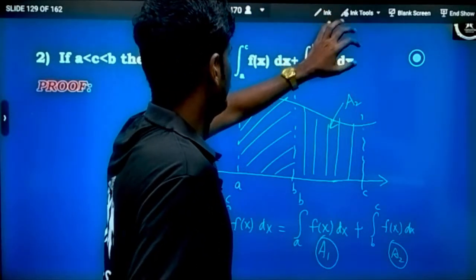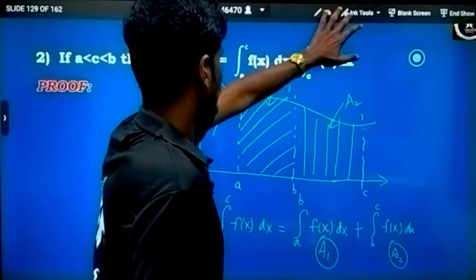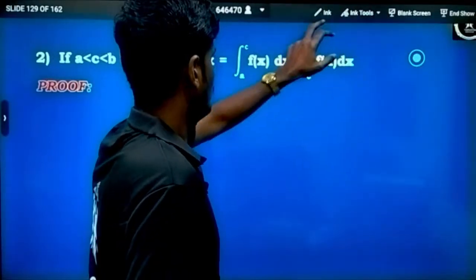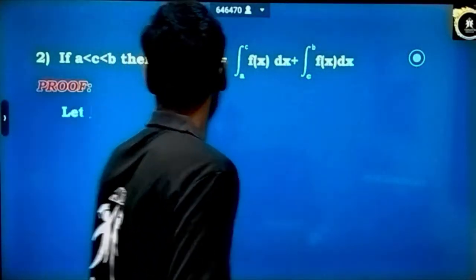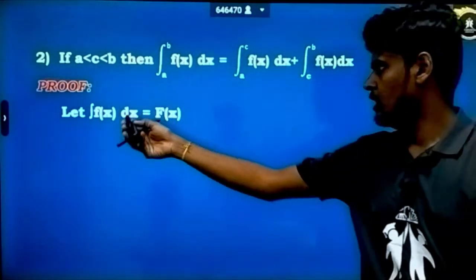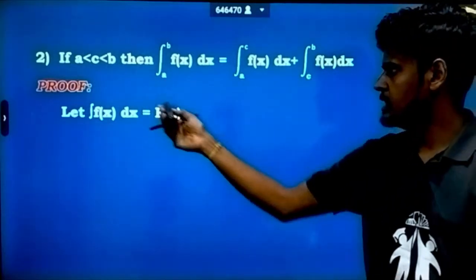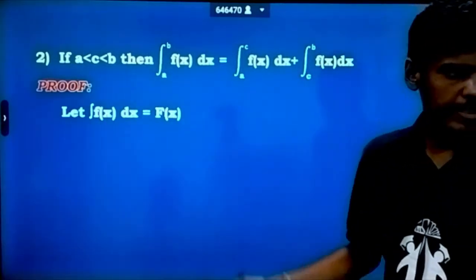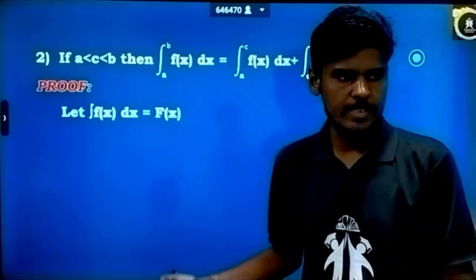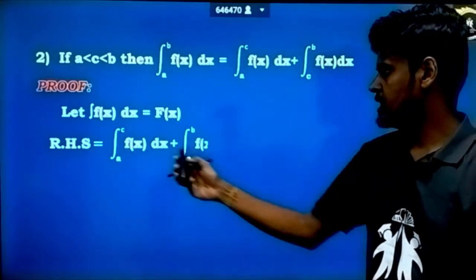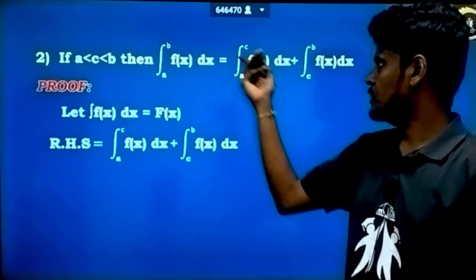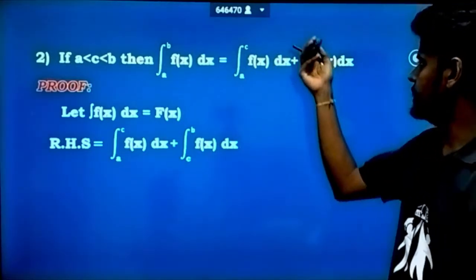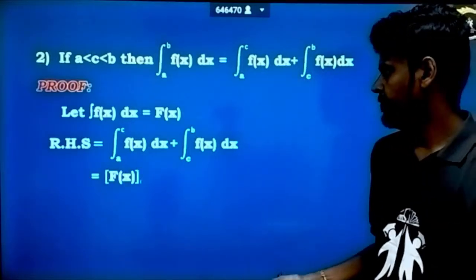Now let's see the proof. First, let's take this integral f of x equal to capital F of x. Now what is the right hand side? Integral A to C f of x plus integral C to B f of x.